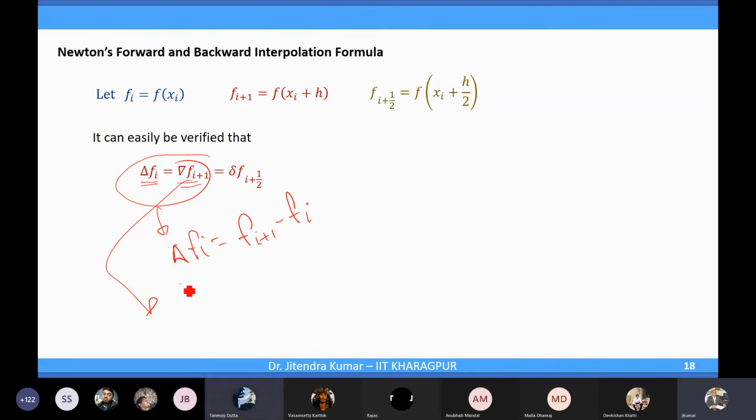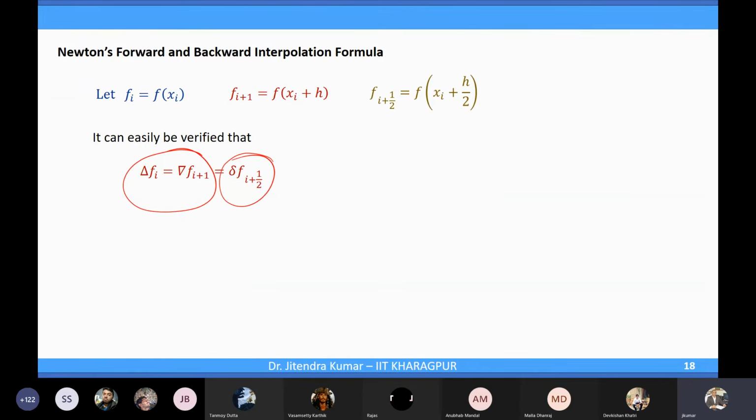And nabla f_(i+1) is equal to f_(i+1) minus f_i. So they are the same. Whether you say forward f_i or backward f_(i+1), they are going to be the same. Or here, the central difference, that means you go half forward, that means you have f_(i+1) minus f_i. So this is also the same as this one or this one. So this is some kind of relation we have.